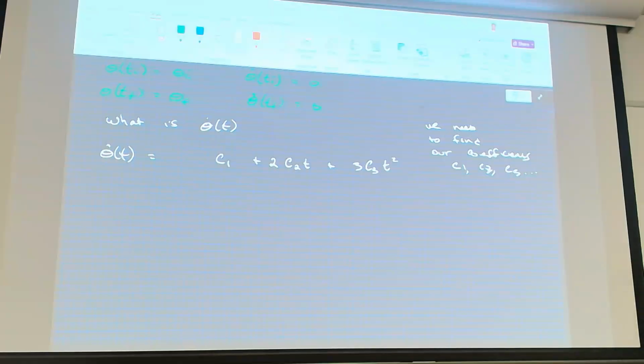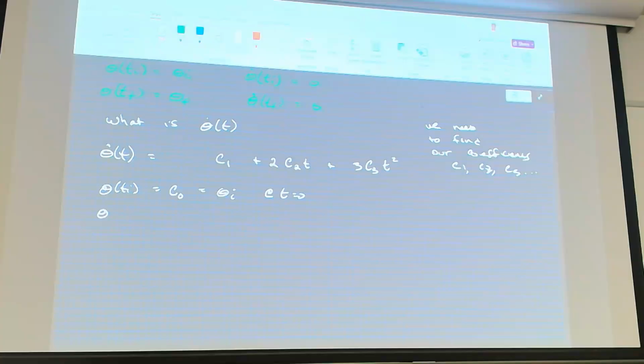Our initial condition is going to be, we said that our theta at Ti is equal to C naught, which is equal to theta initial, i.e. at T equals 0, right?